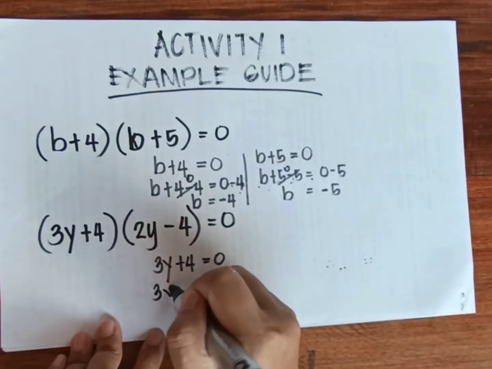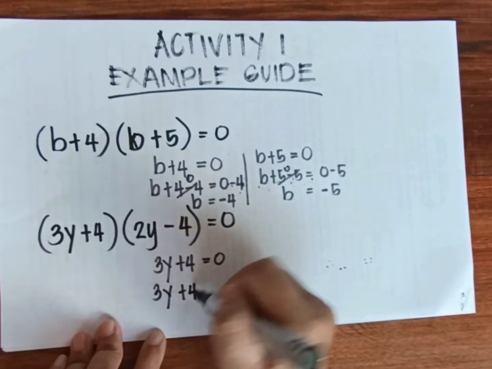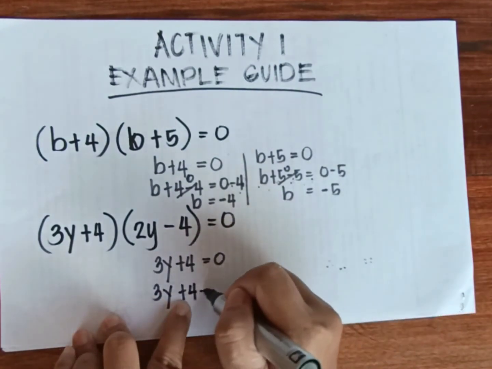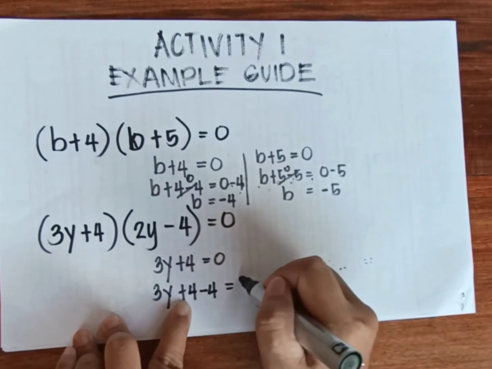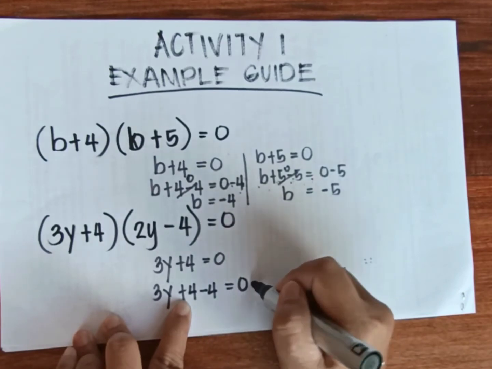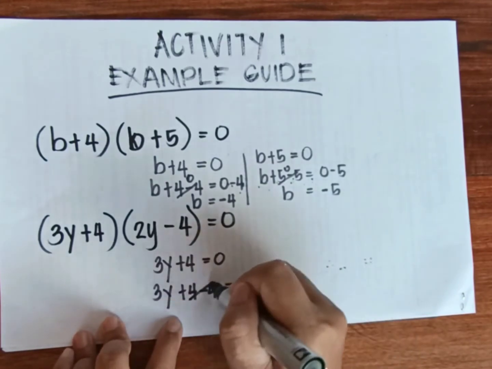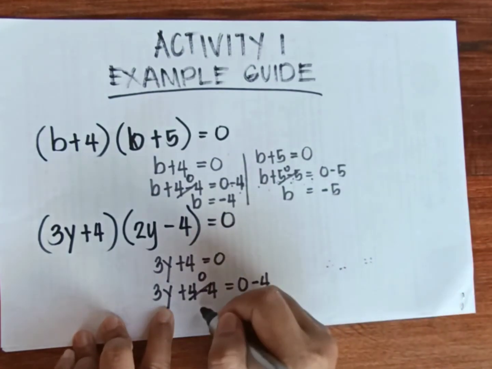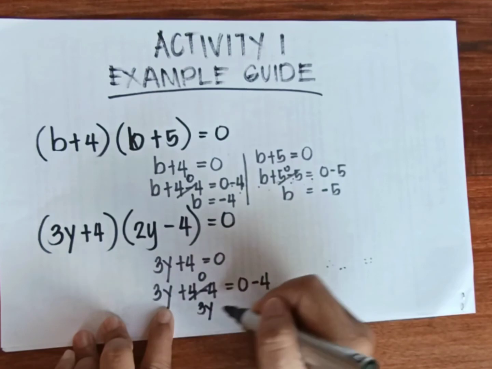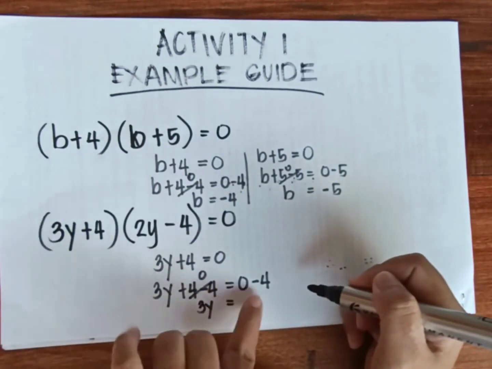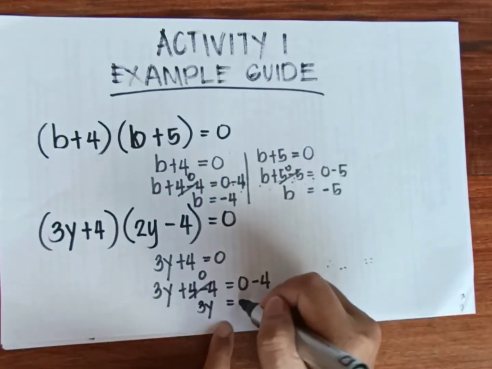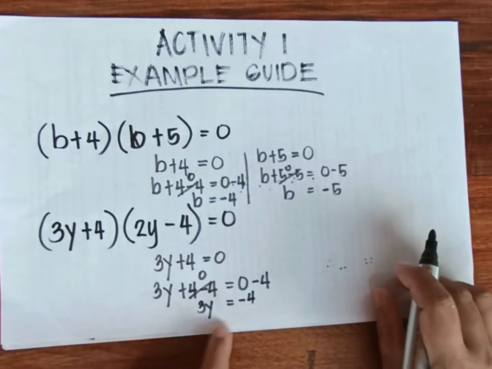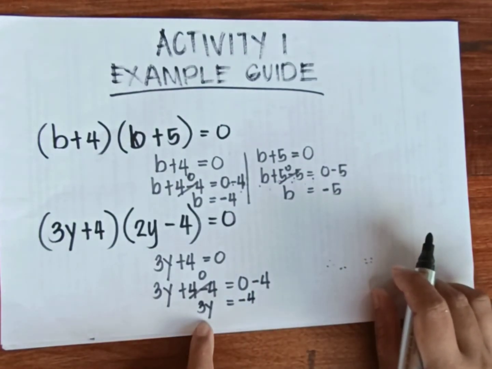So, 3y plus 4, plus its opposite to make 0, minus 4 equals to 0 minus 4. So, this becomes 0. So, what is left on the left side is 3y equals to, what is 0 minus 4? Negative 4.